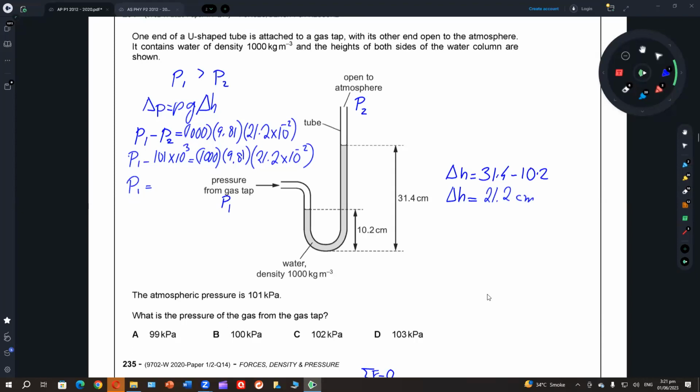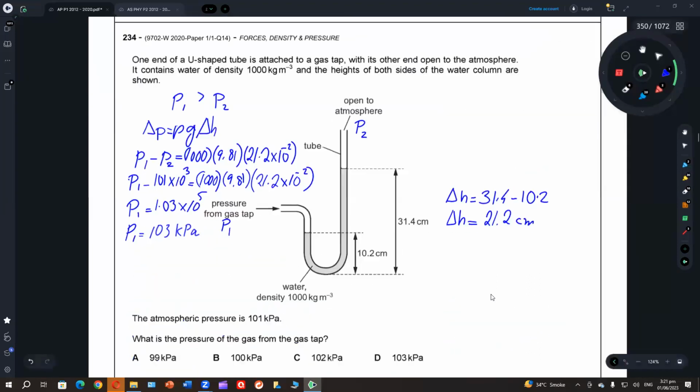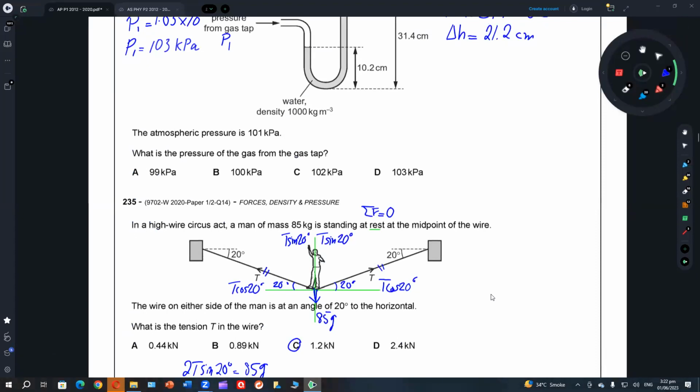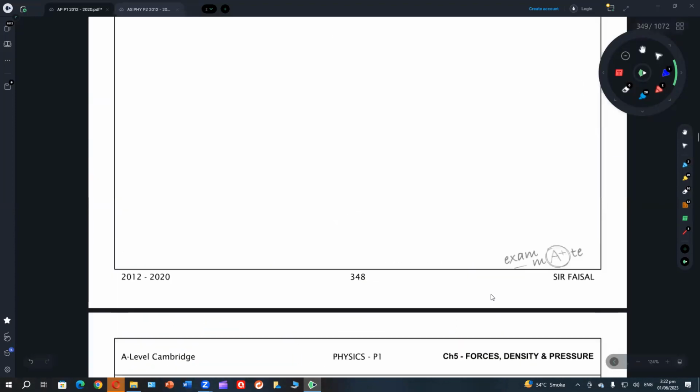It is coming as 1.03 times 10 to the power 5. So that means the answer is D.